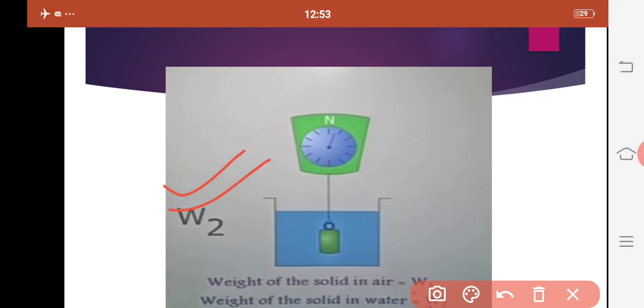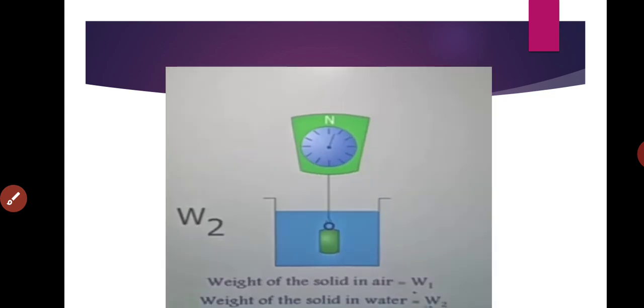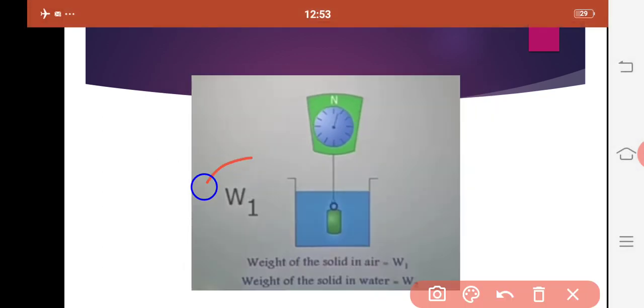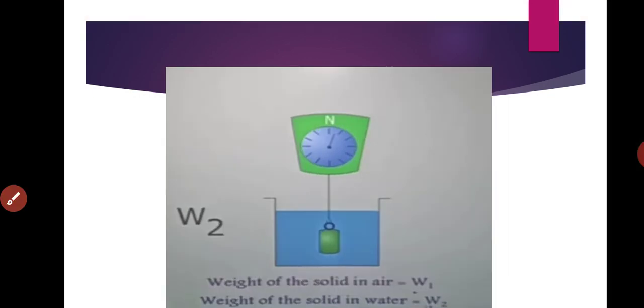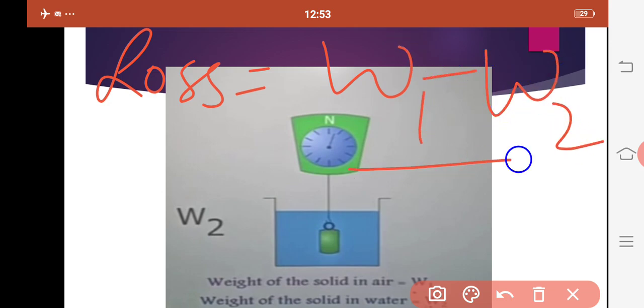We are considering W1 as the object's weight in air and W2 as the object's weight in water. So we know loss in weight, what was the formula of loss in weight? Weight of the object in air minus weight of the object in water is equal to loss in weight.